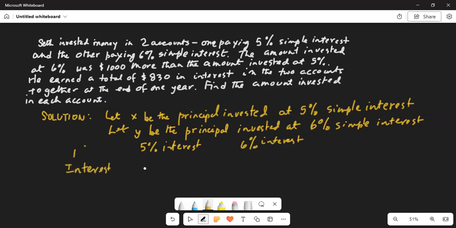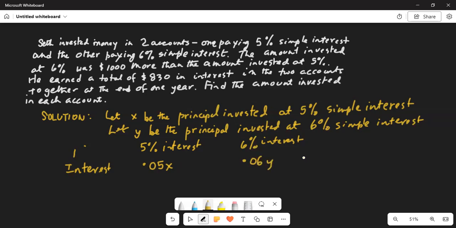So at 5%, it is X. The amount of interest earned in 1 year on the 5% account will be 0.05X. And at the 6% interest, 6% in decimal is 0.06Y.